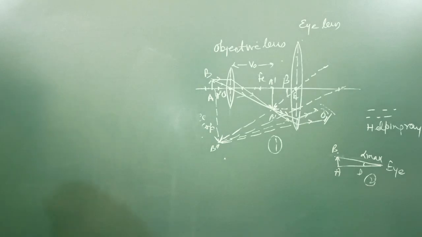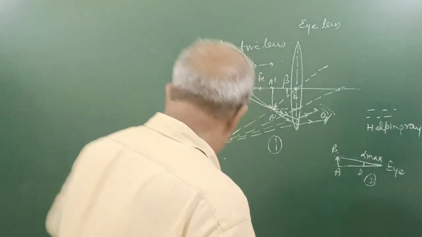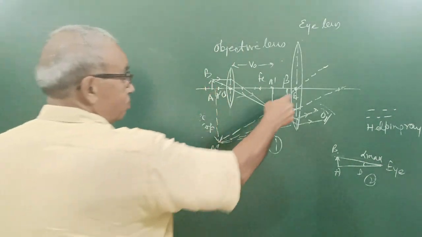Since eye is kept very close to lens, beta is supposed to be the angle subtended by the final image on the eye. Please make a note of it.